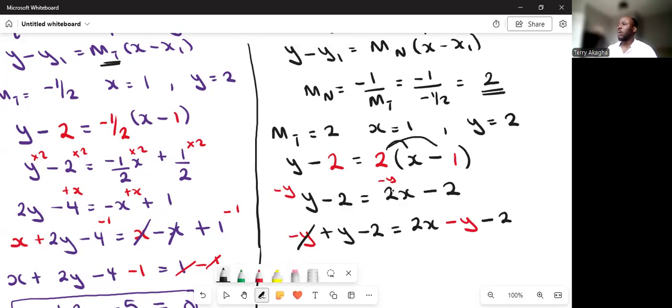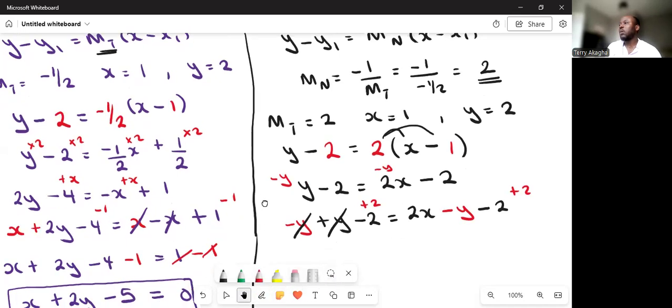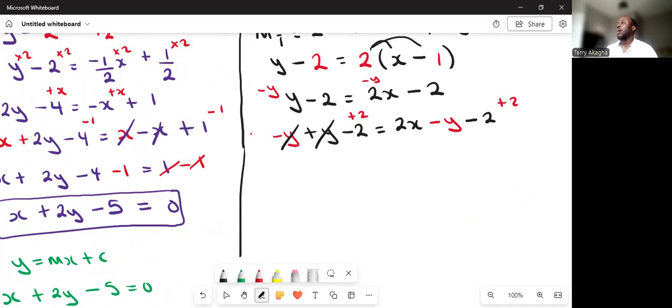So this will cancel out that. Then I want to take this minus 2 away from here, so I'm going to add 2 to both sides. So we are going to have minus 2 plus 2, and on the other side 2x minus y minus 2 plus 2.